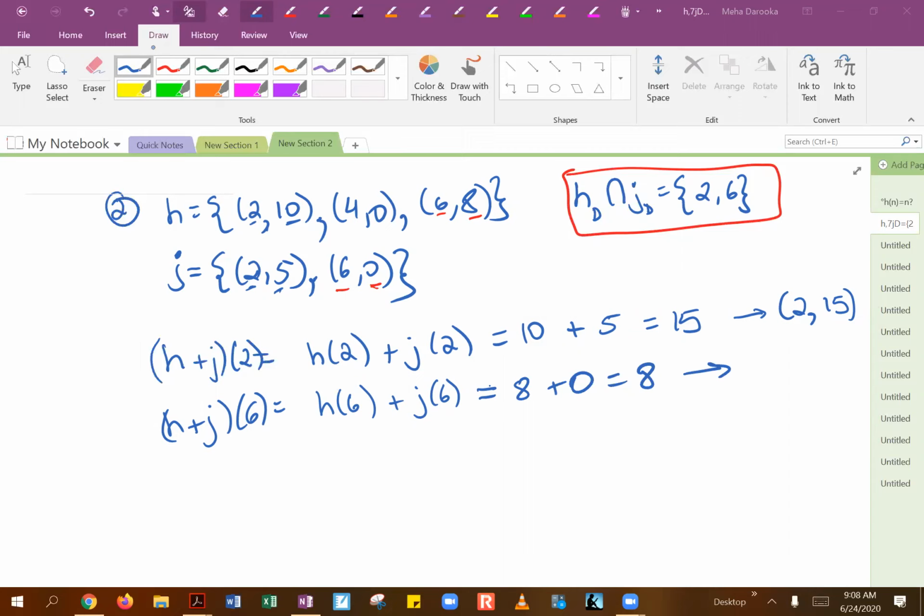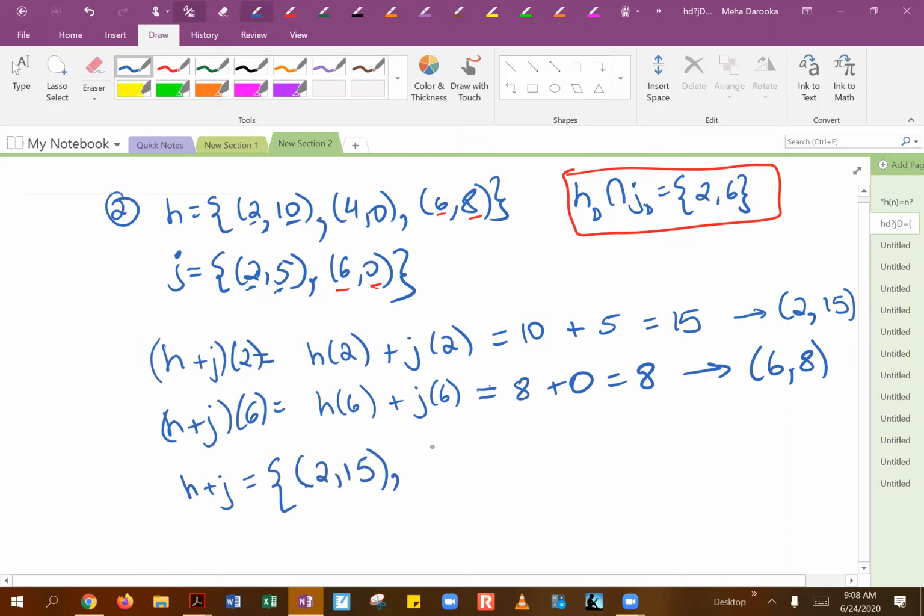Yeah, very nice. You started out with the x value of 6, and your final answer ended up being 8. So now we are ready to write our h plus j function. The h plus j is again going to be the set of these two ordered pairs that we just came up with, which is going to be 2 and 15, and the second one is going to be 6 and 8.